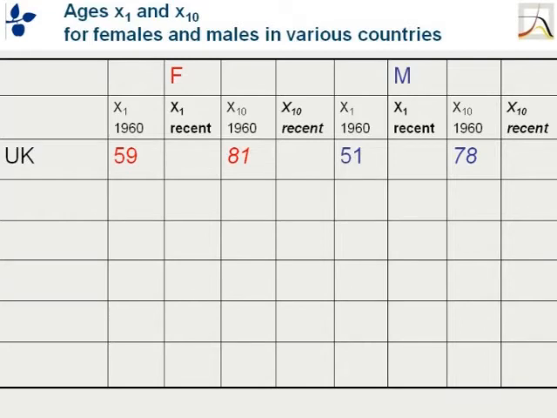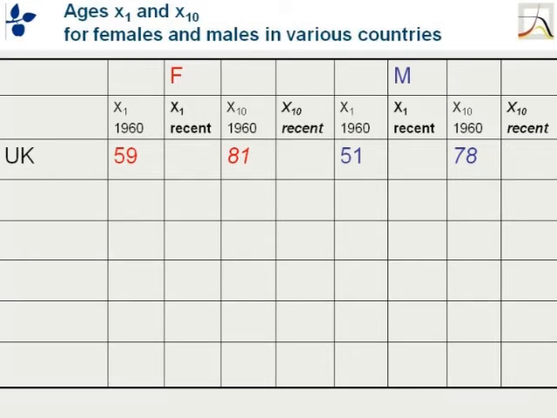So for females in the UK in 1960, your chance of death was 1% at age 59. For men, it was 1% at age 51. But if you look at the older people, X10, the age when your chance of death was 10% in 1960, was 81 for females and 78 for males, so less of a gap.